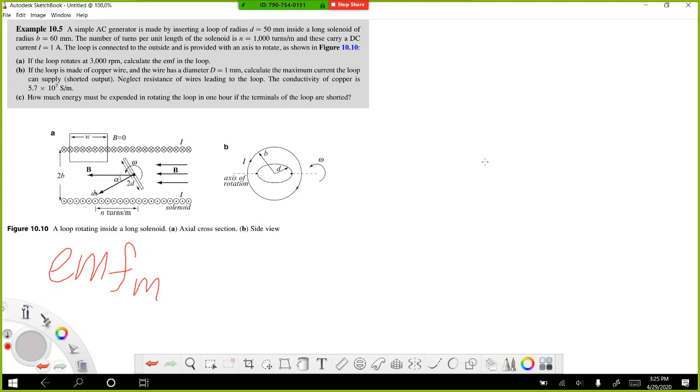In other words, you have a constant magnetic field B, and inside this constant magnetic field you have a moving loop.